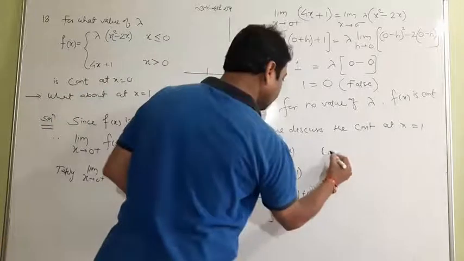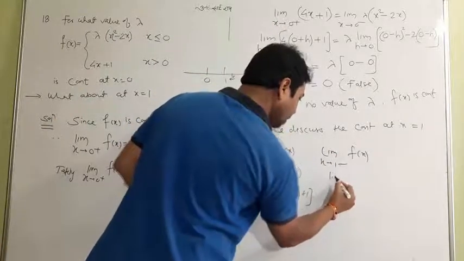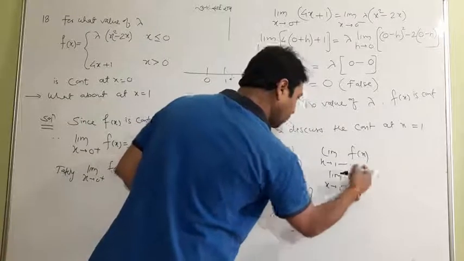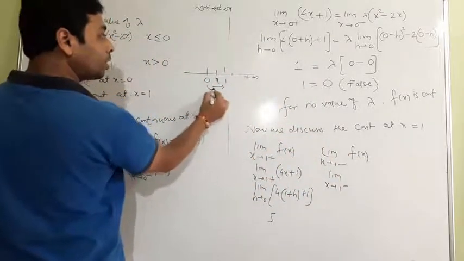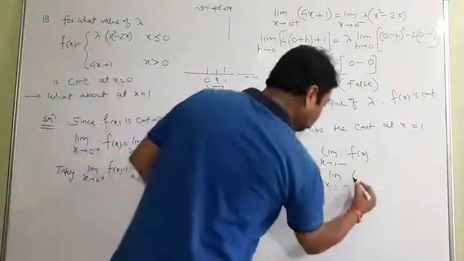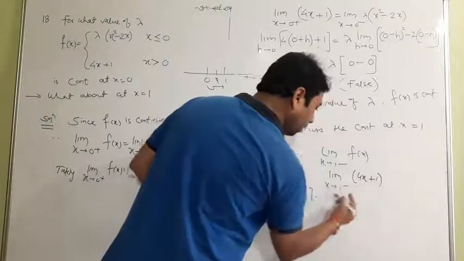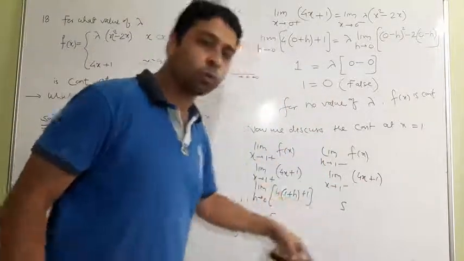When I go to the left hand limit, you need not be surprised that this time x is coming to 1 from the left direction, still it is greater than 0, meaning the same function. So I would tell you one thing, the answer will be the same because the function is the same. You can do it on your own.